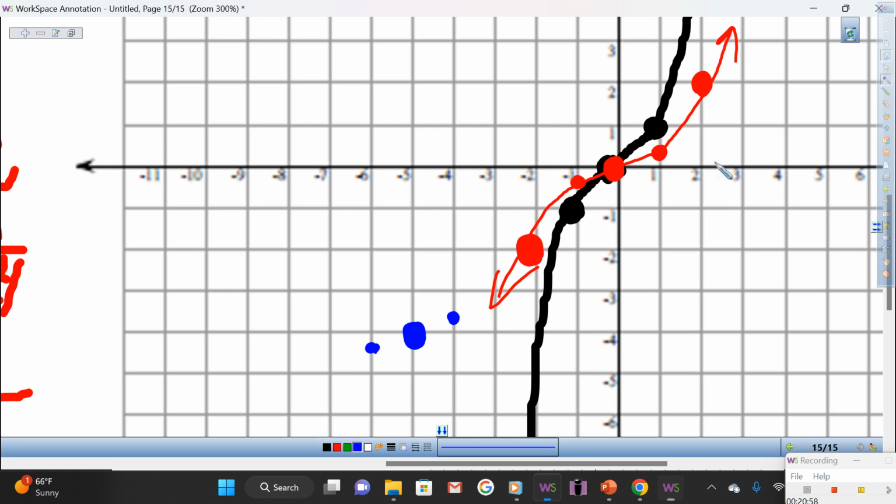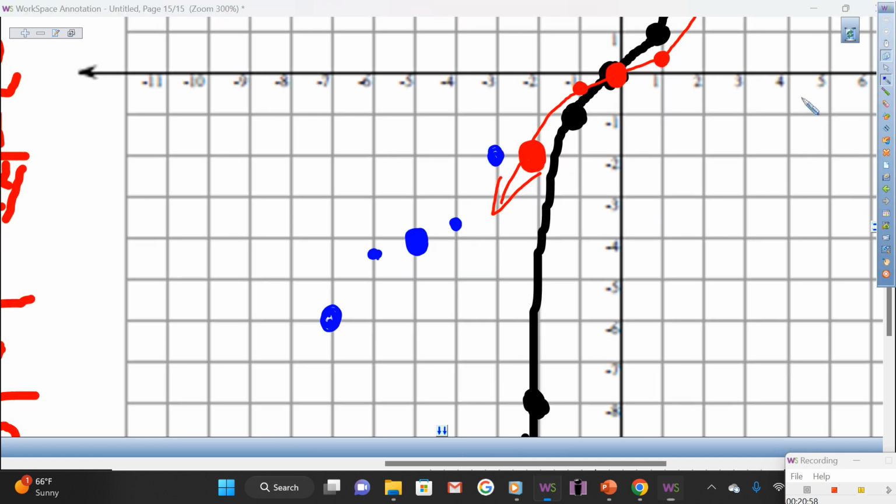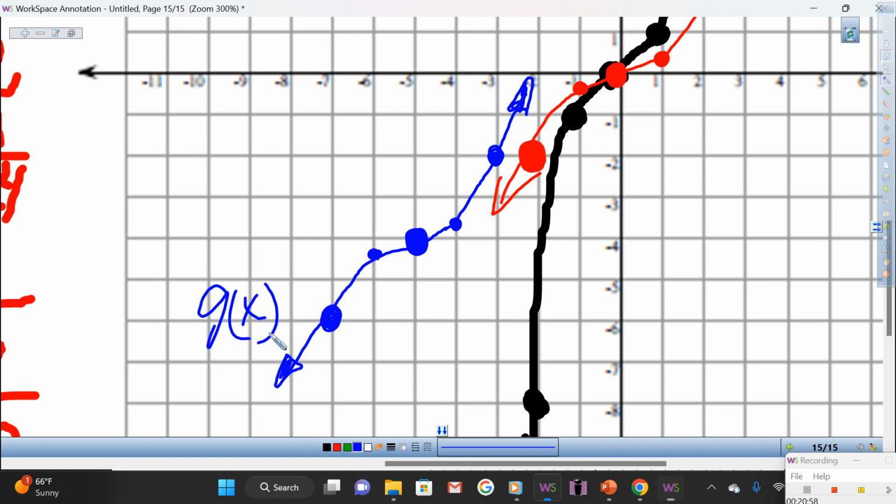And this one is 2 to the right, 2 up, 2 to the left, 2 down. And then we just graph our new transformed function. And we label that g of x.